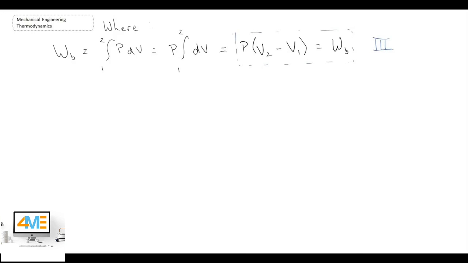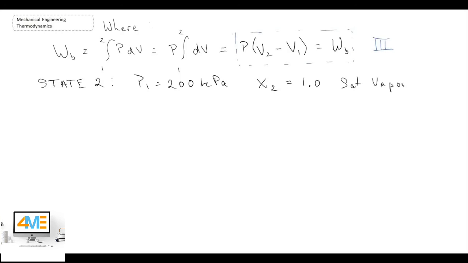So let's go and see what's going on at state 2 now and get some of the property data for that, because you can see in the forms of the equations we're looking at, we need to know state information at both state 1, which we already have, as well as state 2. So taking a look at state 2, it's the same pressure as at state 1, and we're told that we're saturated vapor.